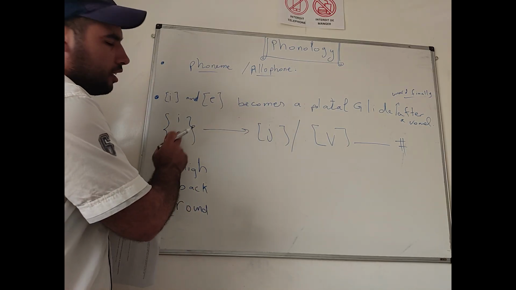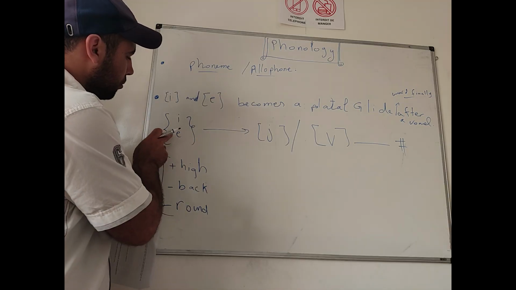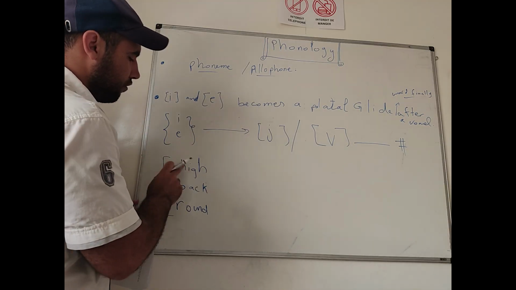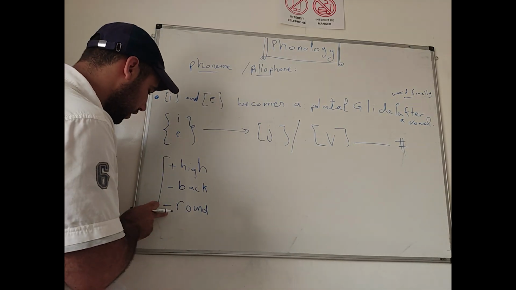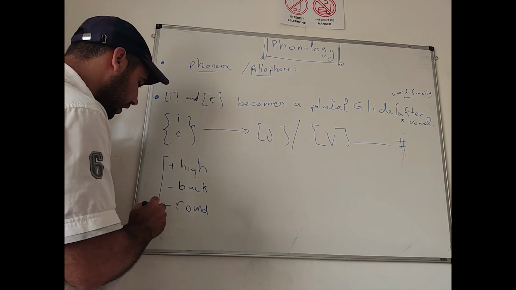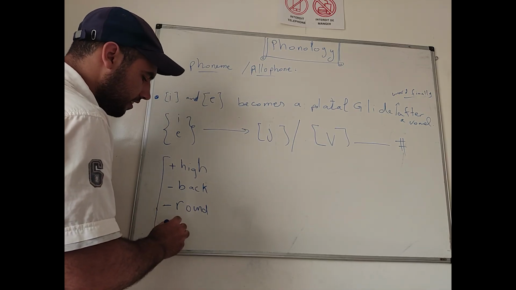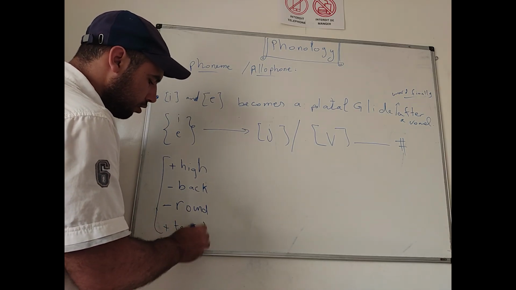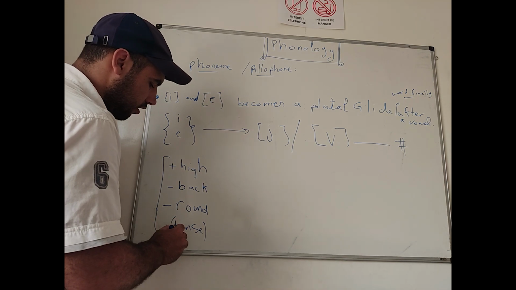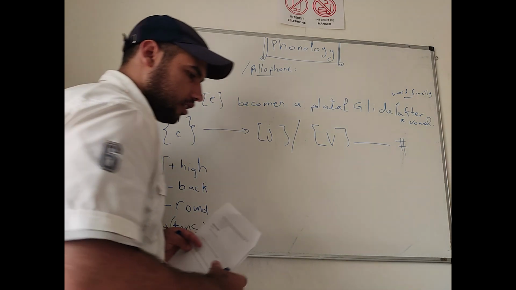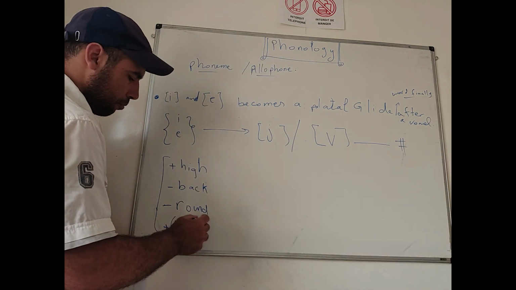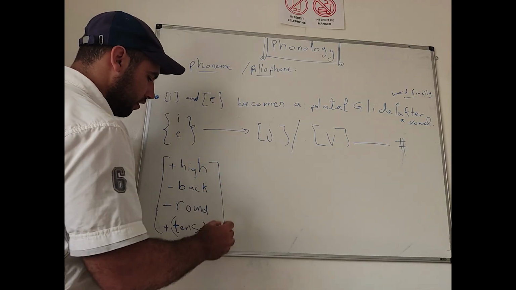This one is mid-high, but we're going to skip it. We're going to combine them in the feature of high. We can also add plus tense, and this one is optional. We can skip this one.